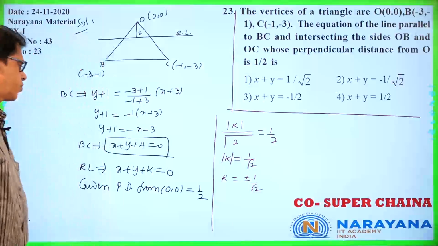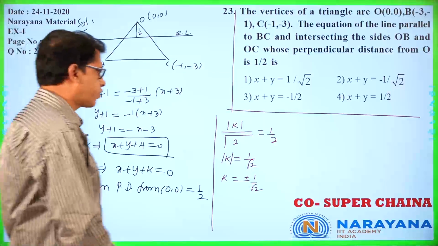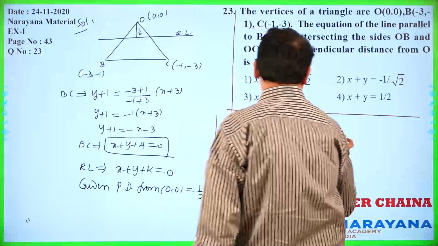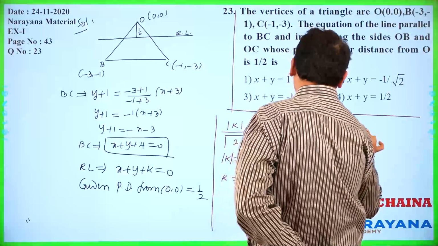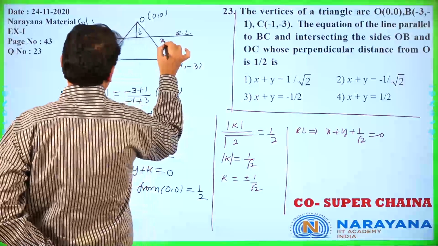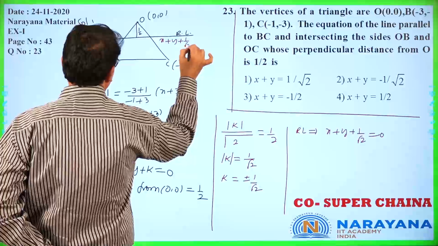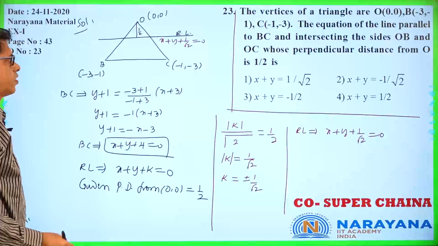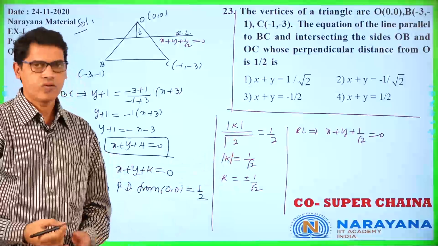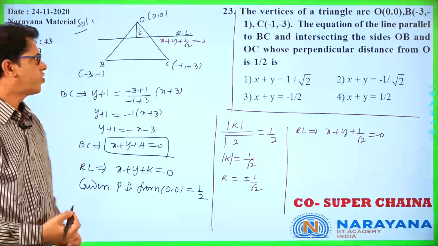If you take plus 1 by root 2, the required line is x plus y plus 1 by root 2 equals 0. Now how to judge whether to take plus 1 by root 2 or minus 1 by root 2? You observe the points.